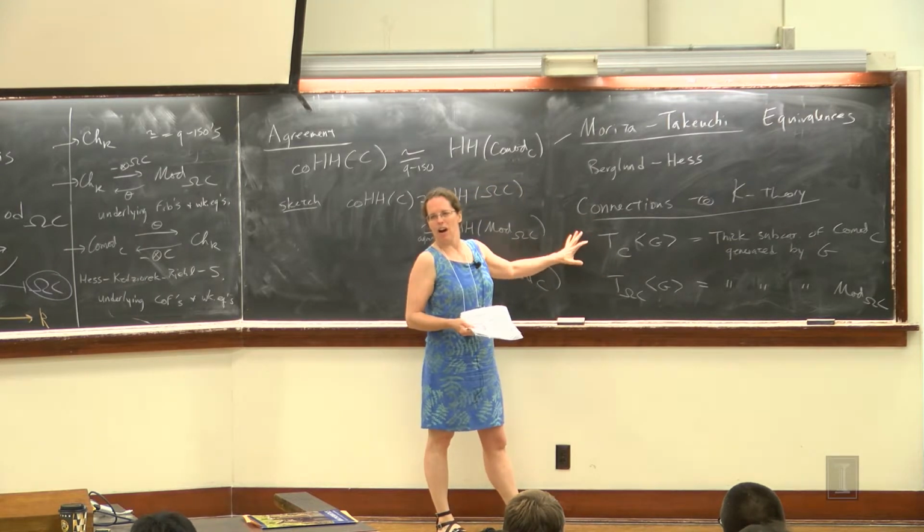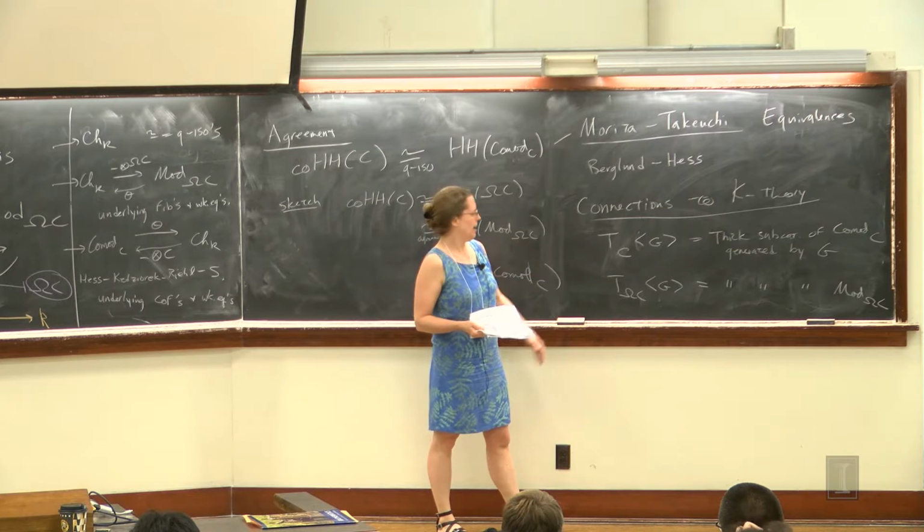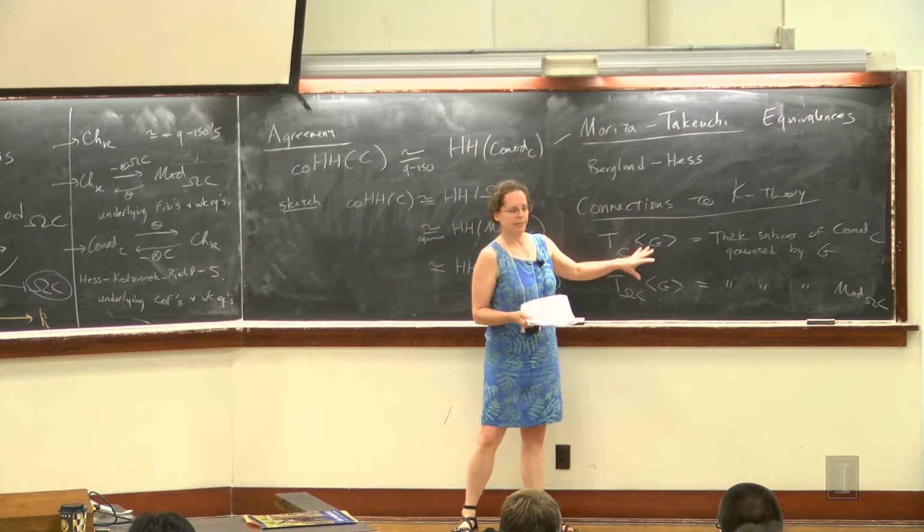And thick subcategories are closed under triangles, closed under extensions, cokernels, kernels.